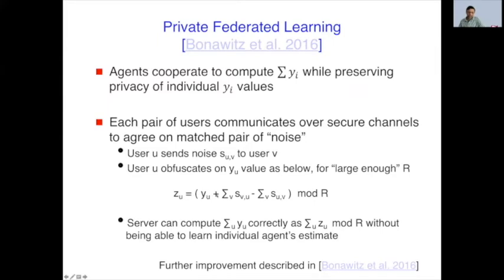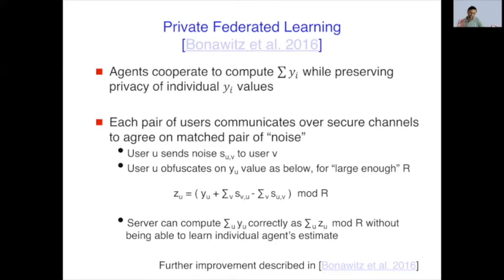So what does this computation do? It says z equals y plus the sum of these random values that user U has received, minus the random values that user U has sent to other people.